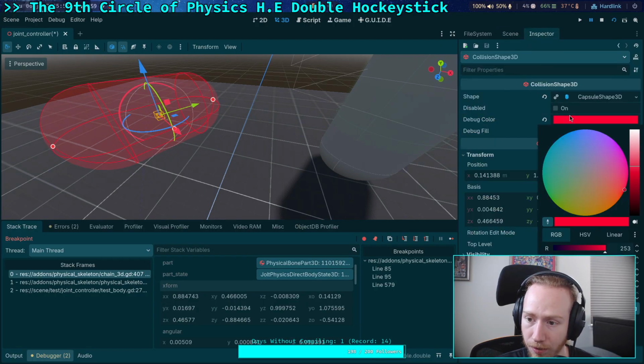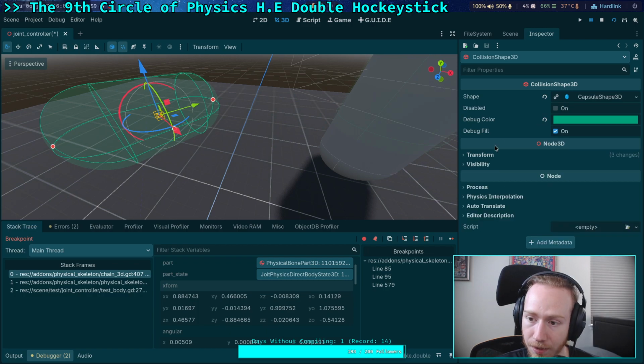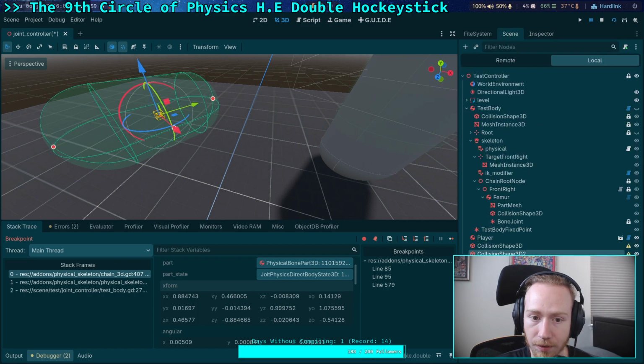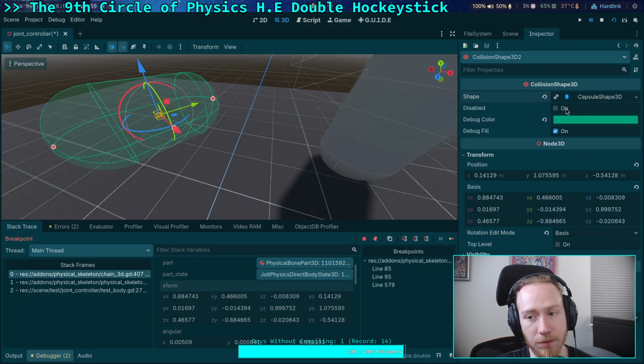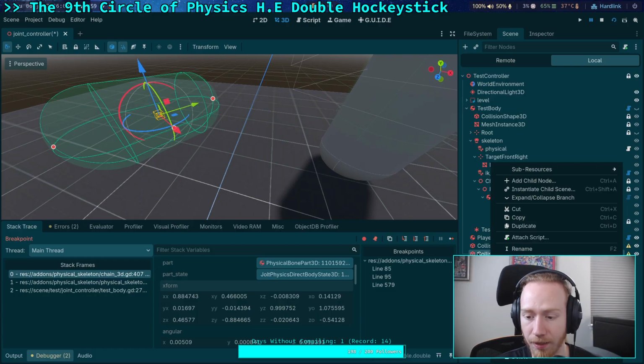Why did it change both colors? Are we serious? What is... What?